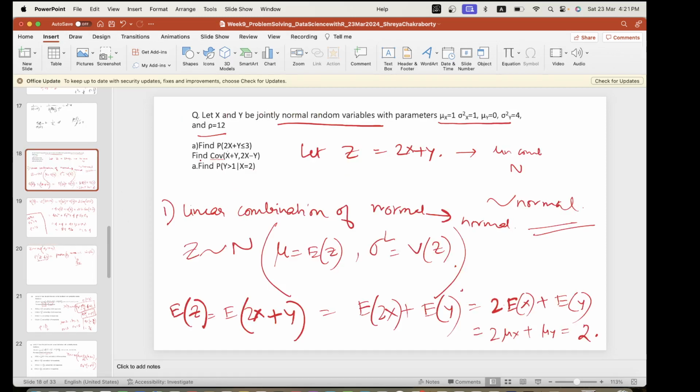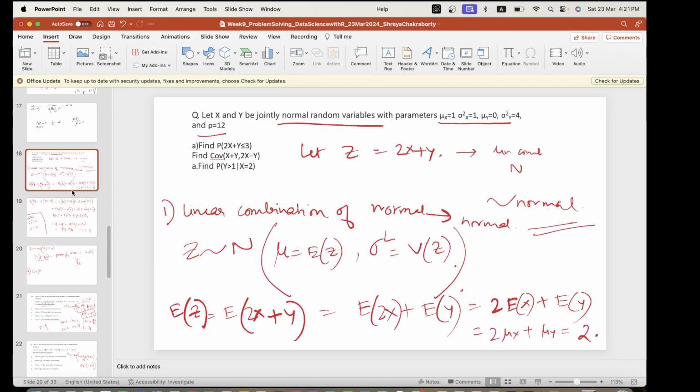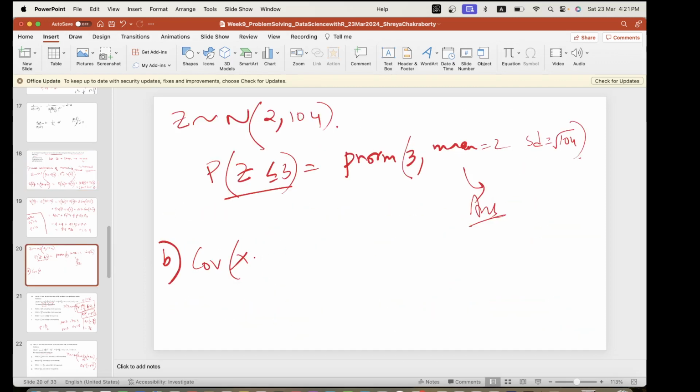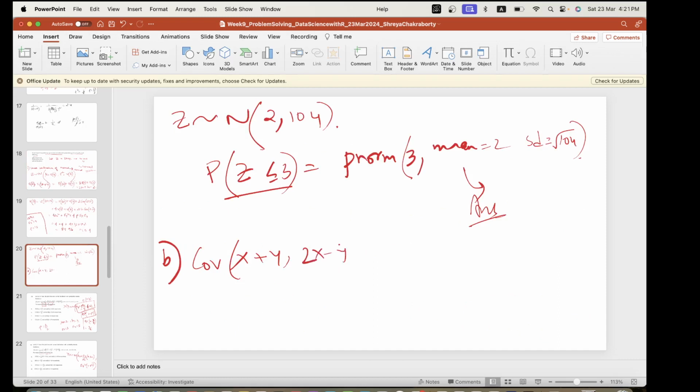So the next thing is to find the covariance between x plus y and 2x minus y. For this we just have to split the terms.